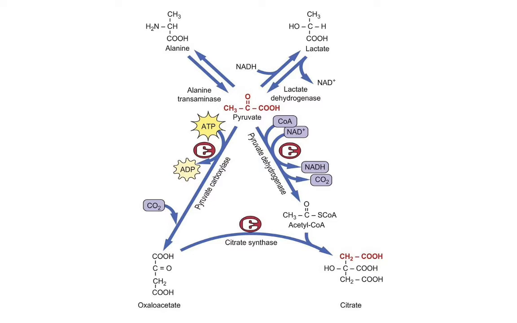But the main pathway for generating energy is through pyruvate dehydrogenase, converting it to acetyl-CoA, and then acetyl-CoA combines with oxaloacetate to form citrate. And this is the structure of citrate. It's got 3 carboxyl groups, hence the TCA cycle or tricarboxylic acid cycle, and 1 hydroxyl group on this central carbon here.